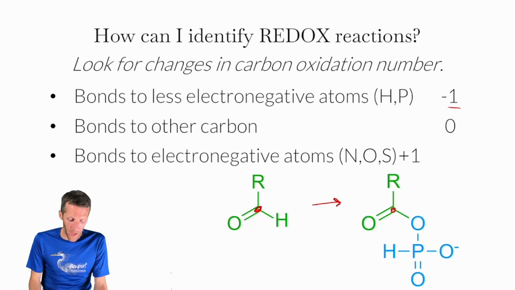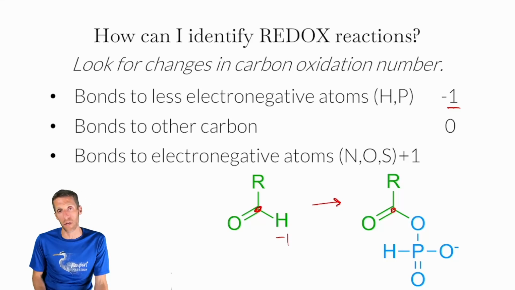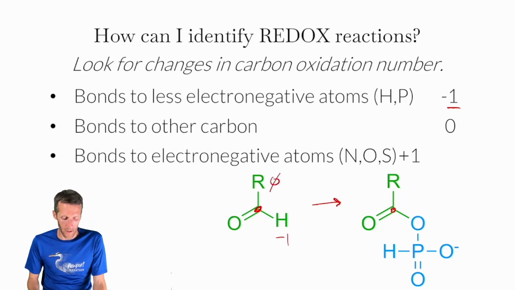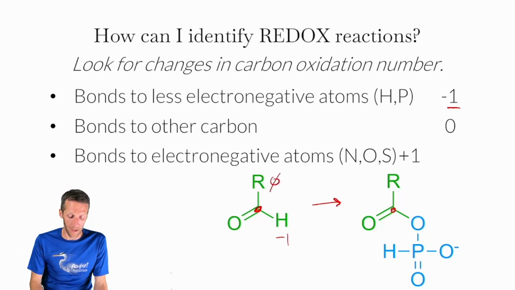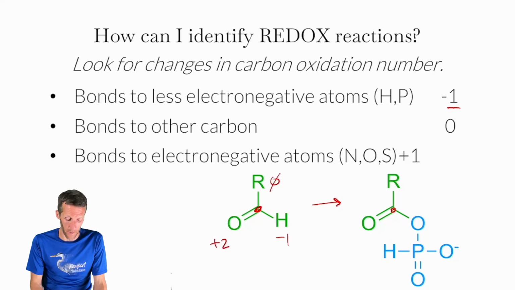Okay, we're back. So what we can do is count the number of bonds to less electronegative atoms. We've got -1 here. Bonds to carbon, we've got 0 here. There's one carbon bond. And then we have bonds to electronegative atoms. We have 2 of those, so this is +2. So our total oxidation number of this carbon is +1.